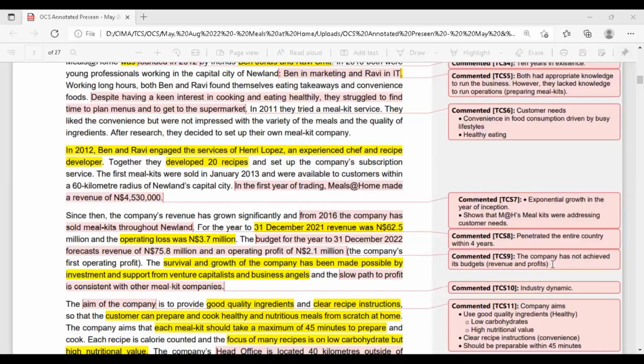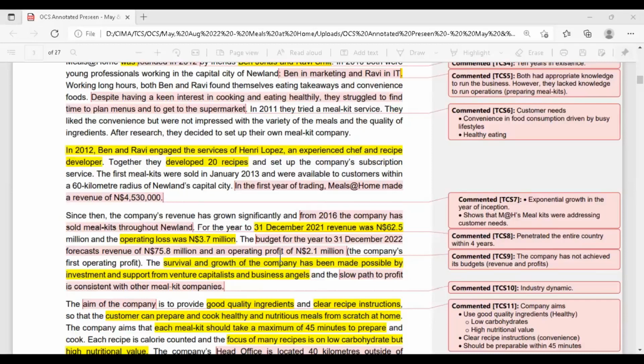And if you look at the financial statements, the company has experienced operating losses for the past 2 years. So although the company is loss making, it is budgeted that the company will make a profit. I don't think that the company will be able to achieve these budgets given the low levels of profitability or losses within the company.